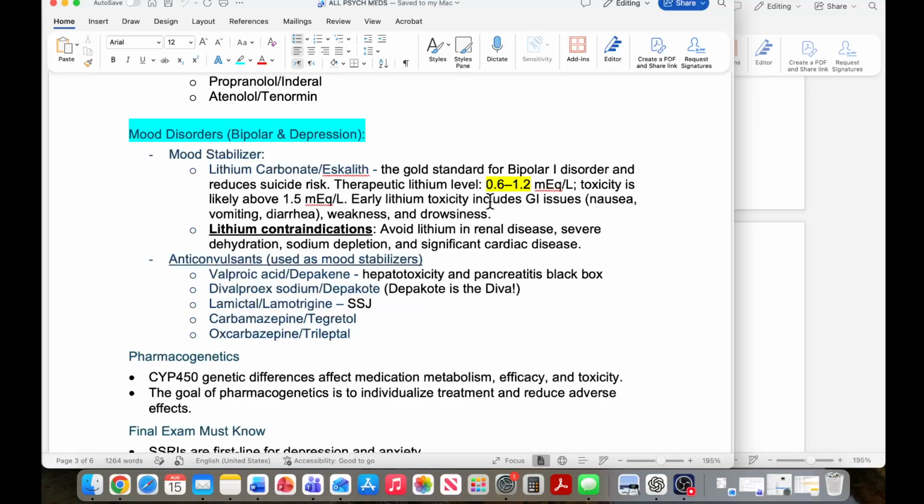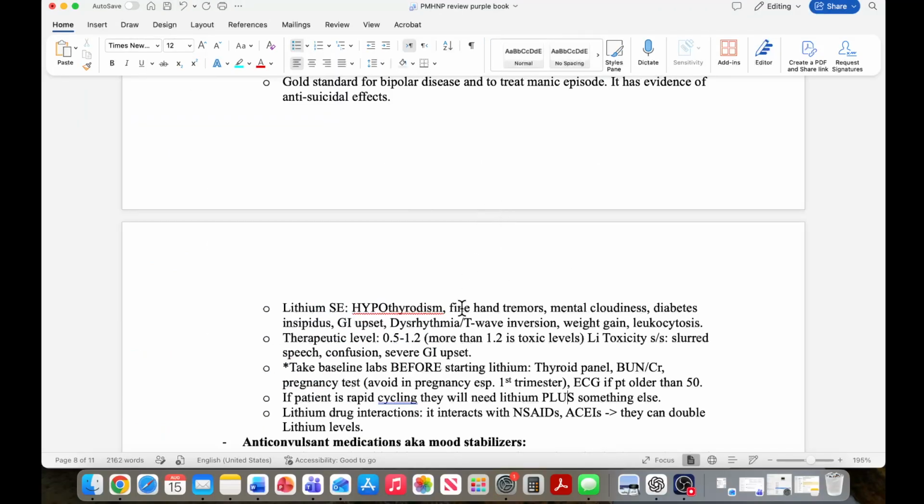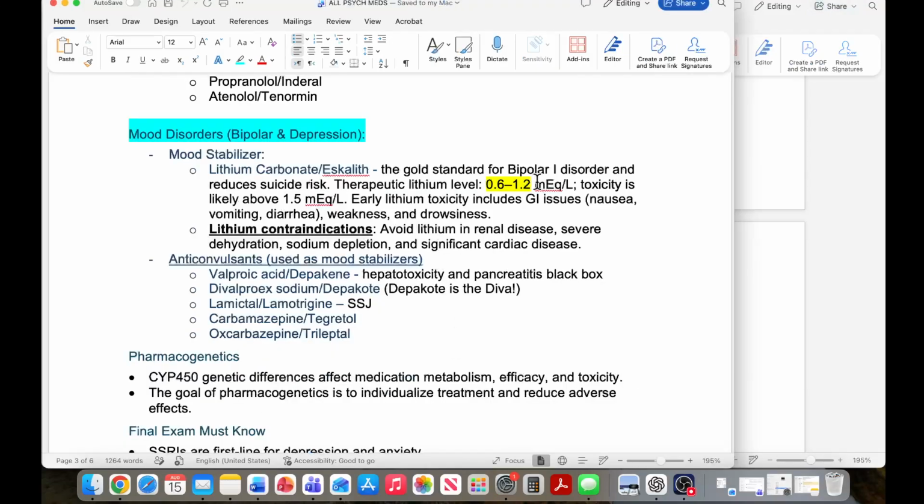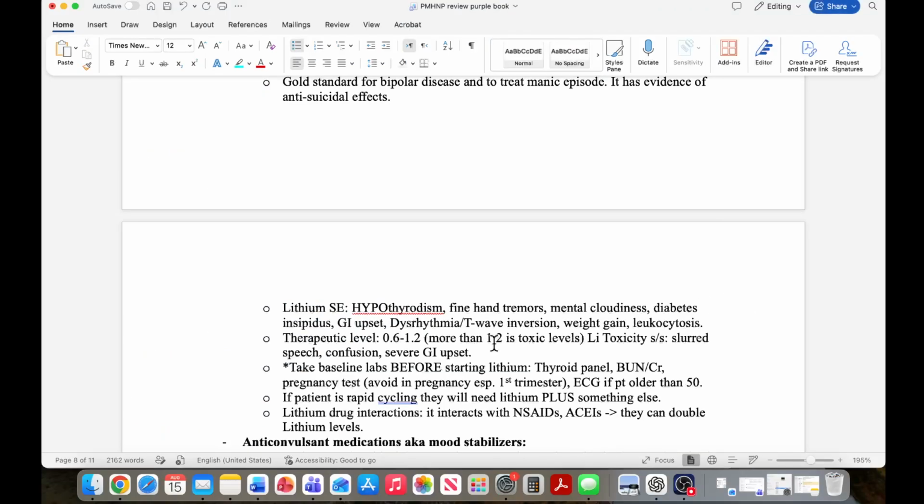I don't know why this number is different. Can we just agree on one number, so we're not making this too complicated? I like 0.6 to 1.2 because it's easier to remember. Here it says more than 1.2 is toxic.